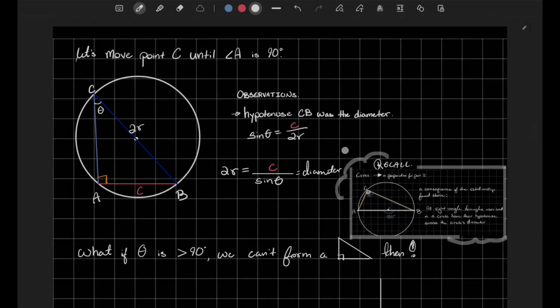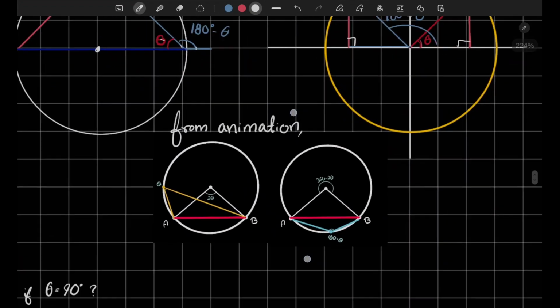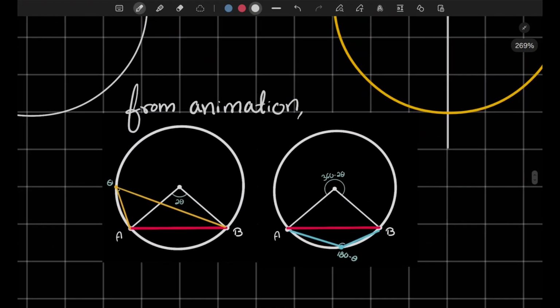And welcome back. So from our animation, we saw how the point of view changes, because you know how before I was saying, yes, you have to be on this side for this to be true. That's because we have a change in perspective of what our center angle is.